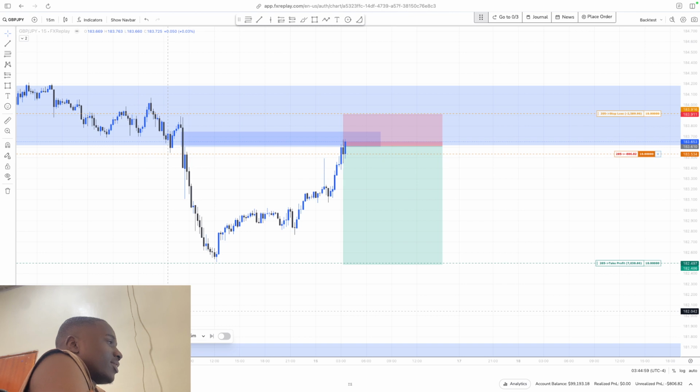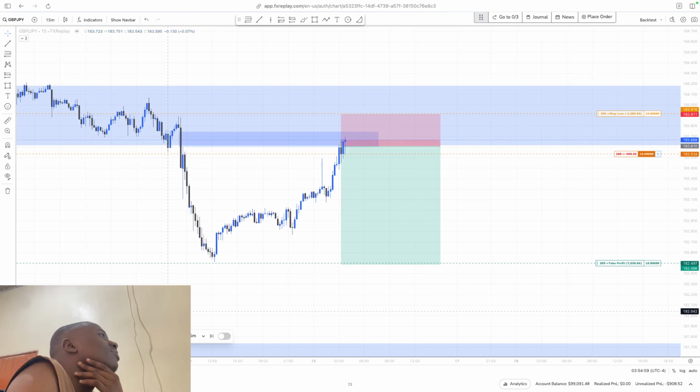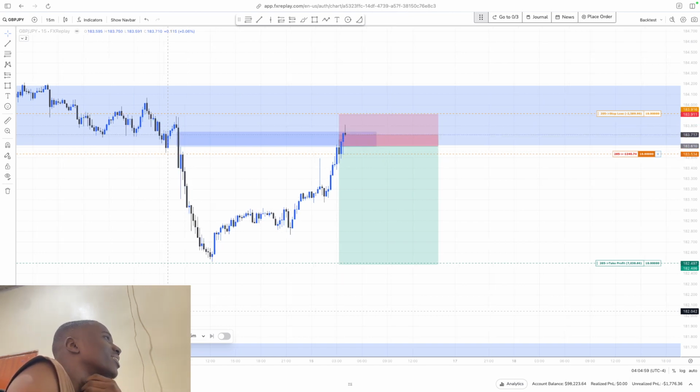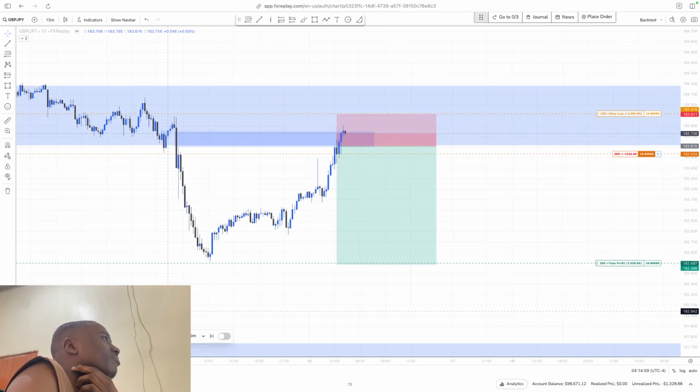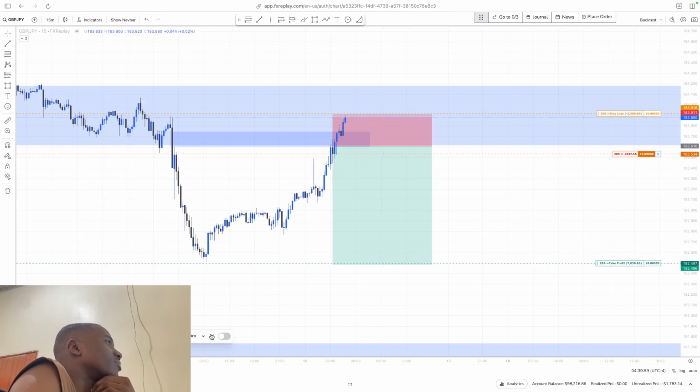So it started with some bit of drawdown. Looks like it doesn't want to react and go lower. It's going slow.